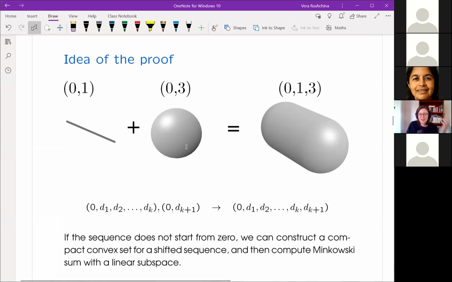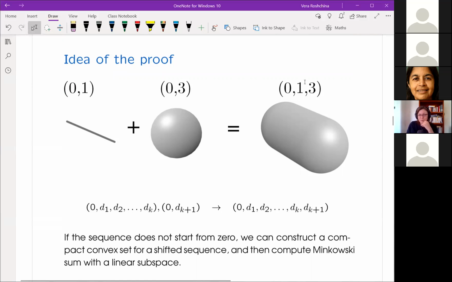We take a subsequence and then add the next number and the next number by combining Euclidean balls in a particular way. The way it works is like this. Suppose that I want to generate a convex set that corresponds to this sequence of dimensions of faces, 0, 1, 3.